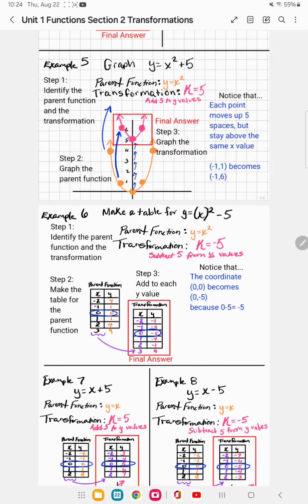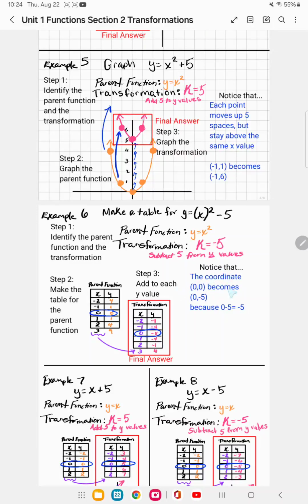So from here, we know that the y values are what's changing, which means that the x values are going to transfer over and be the same. And the y values are what changes. We're going to subtract 5 from each one. So 4 minus 5 is how we get that -1. 1 minus 5 gives me -4. 0 minus 5 gives me -5.